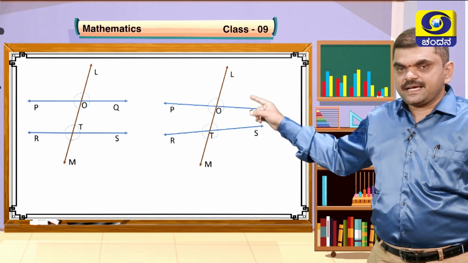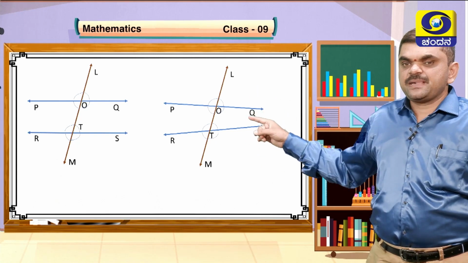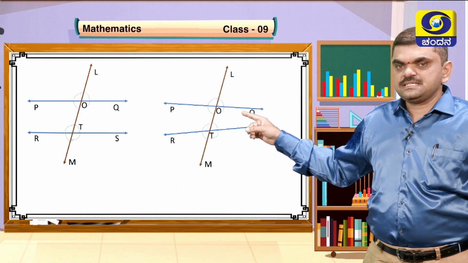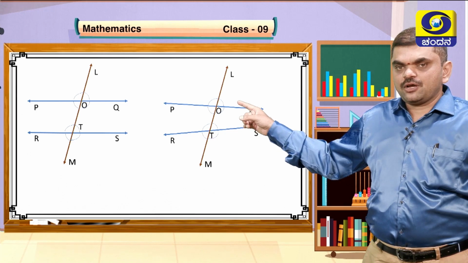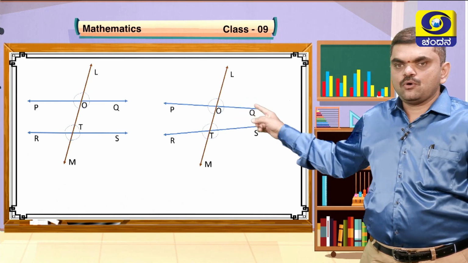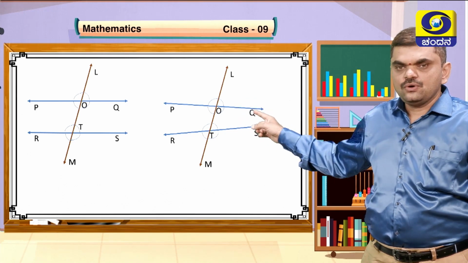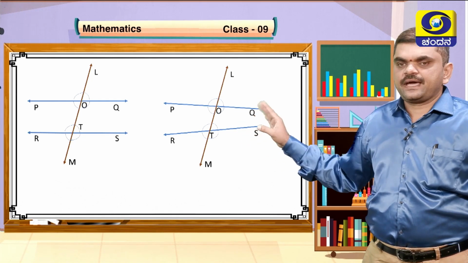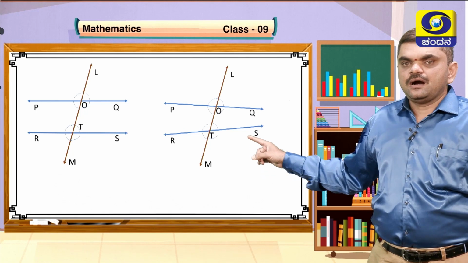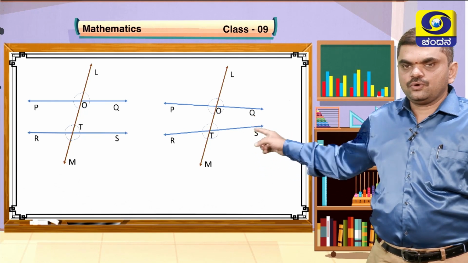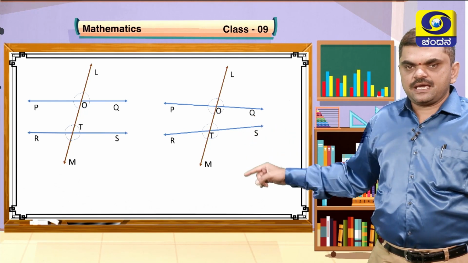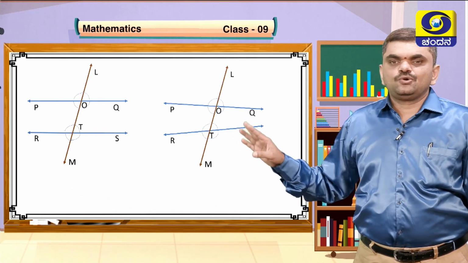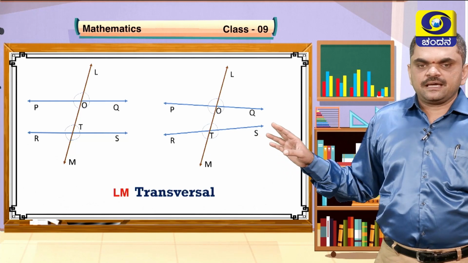Here this transversal LM is making 8 angles for two lines, that is at O it is forming 4 angles, LOP, LOQ, OQT, POT, 4 angles, and here similarly OTR, OTS, STM, RTM, it is making 4 angles, total it is making 8 angles children.